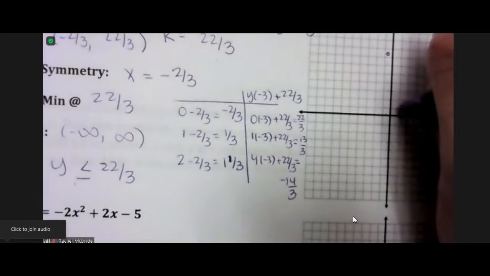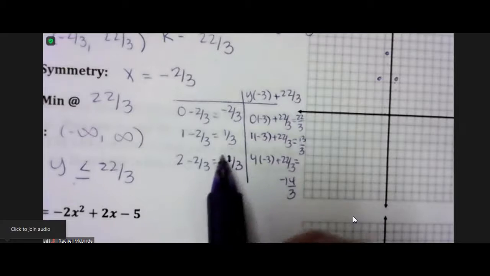So 13 thirds is like 4. So again, to the right and to the left, each moving out that 1 unit away. And then you have 1 1/3 and negative 14 thirds.